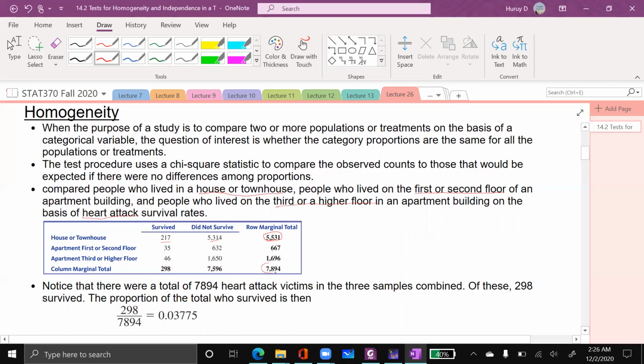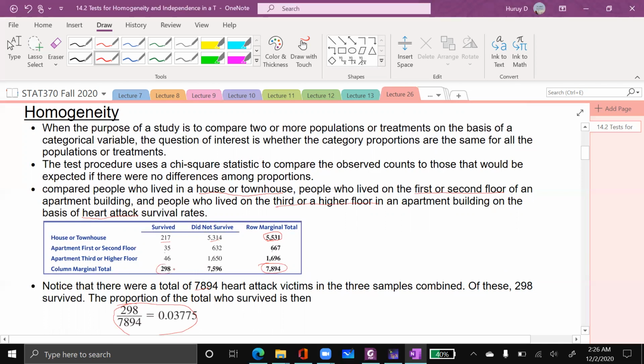And in total, this is the sample size that we have. Notice that there were a total of this many victims, and out of this we have 298, and the proportion of the total who survived is 0.03775.